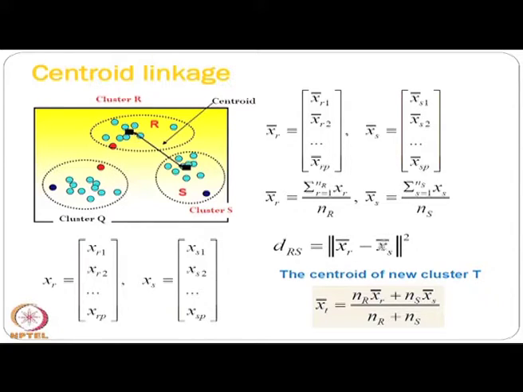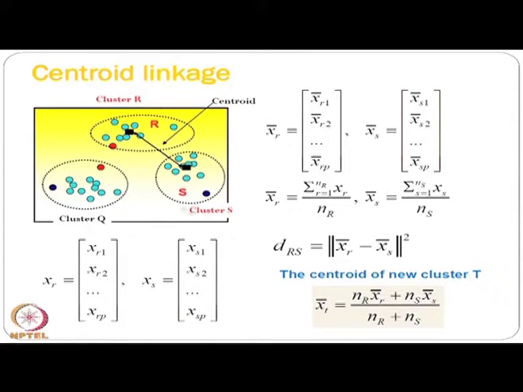So, xr bar minus xs bar, that is squared. So, it will be xr1 bar minus xs1 bar squared, plus this minus this squared, plus this minus this squared, in this sense it will be calculated. Okay. So, this is the distance. Now suppose we combine these two, R and S, this cluster versus this cluster.